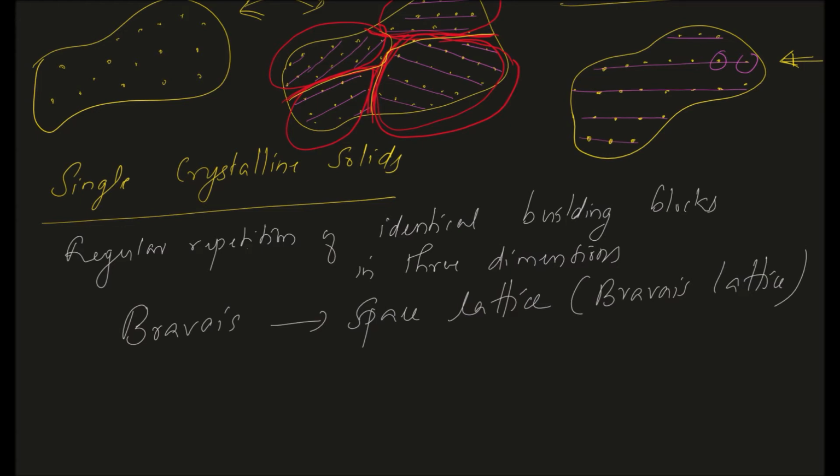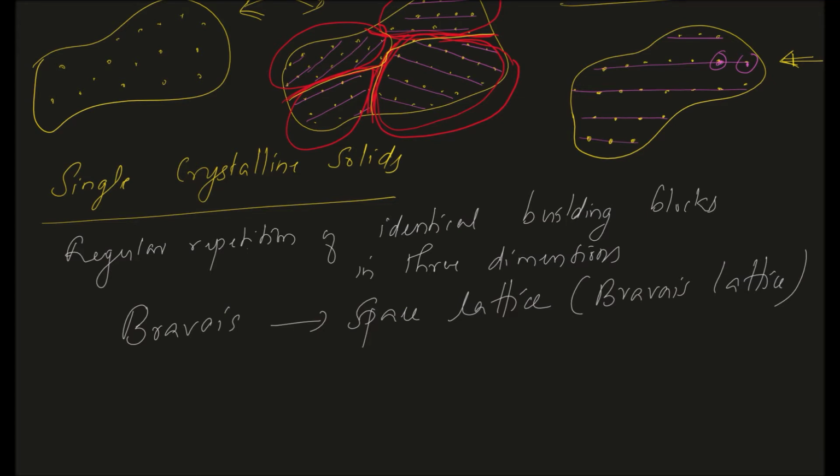Now this Bravais lattice specifies the periodic array in which these repeated units of crystals are arranged. Each of these units in a crystal may be single atoms, or a group of atoms, or molecules, or sometimes ions as well. So it can be anything.